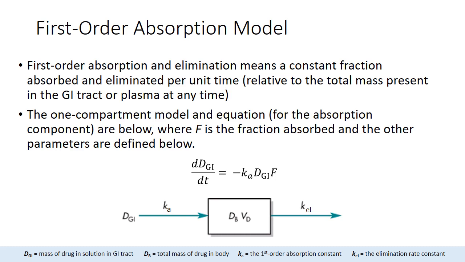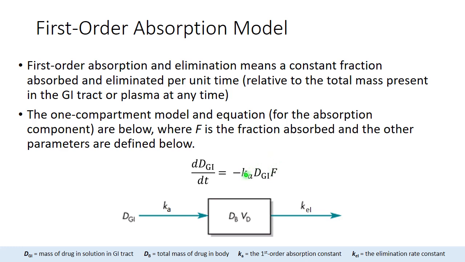So one of the factors affecting the fraction absorbed is just the transit time and how slow the absorption is. Usually the fraction absorbed is pretty consistent regardless of the dose, to be honest with you. So that is a constant for the most part, especially in a first order process. So let's keep that constant.